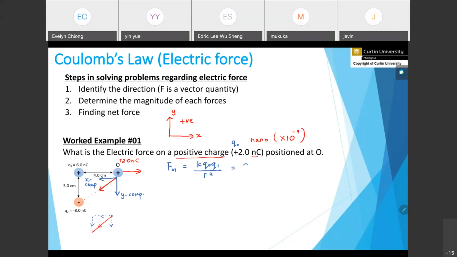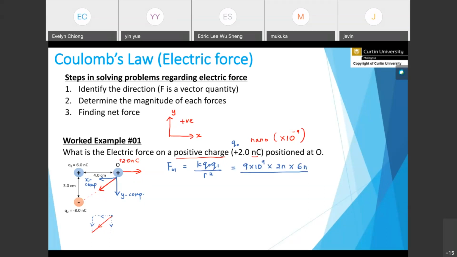So what is K? K is 9 times 10 to the power of 9. So I multiply QO, which is 2 nano, and multiply Q1, which is 6 nano. Nano, you have to multiply by 10 to the power of negative 9. And then the distance between them is 4 centimeter.